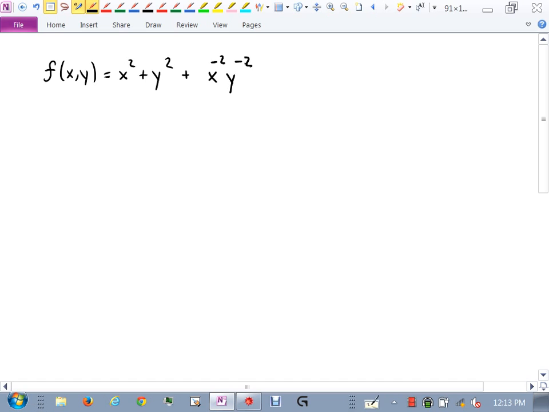Now, that's the first thing I'm going to do to change the problem. Y'all see what I did there? That's just going to make my derivative easier rather than having to worry about quotient rule or something like that.